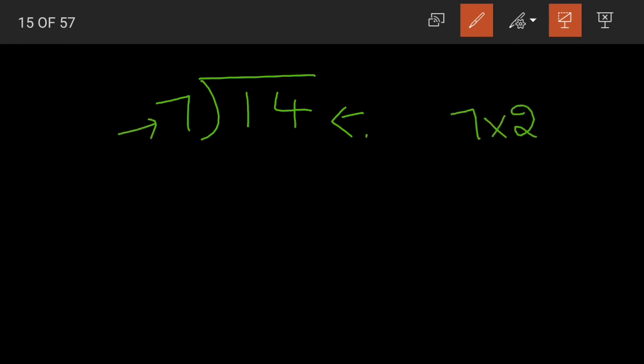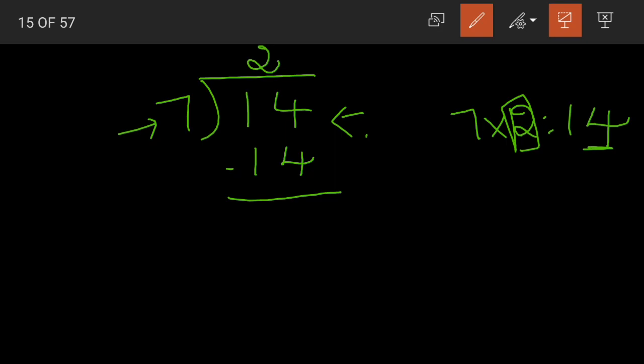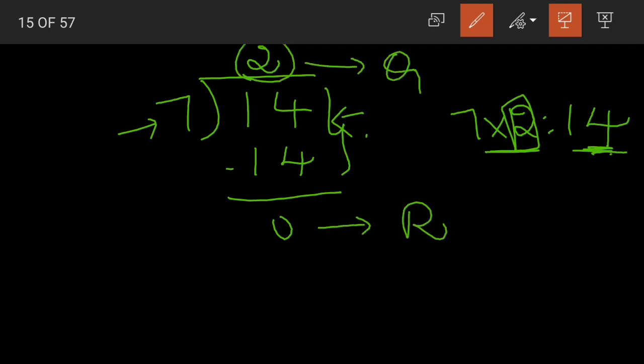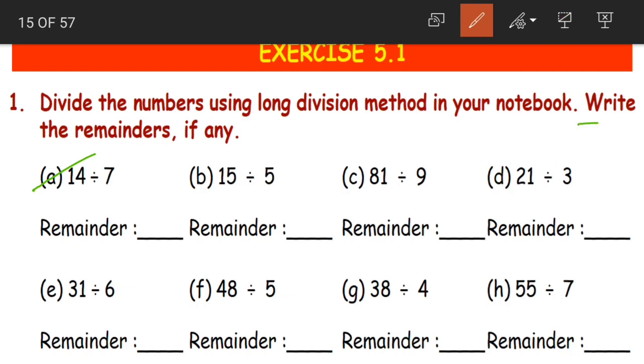If you look at the 7 table, we know that 7 twos are 14. So the 2 is to be written on top. It becomes our quotient. And then the 14 is written just below our dividend. Next step would be to subtract these two. 14 minus 14, 0. So 2 is our quotient and 0 is our remainder here.